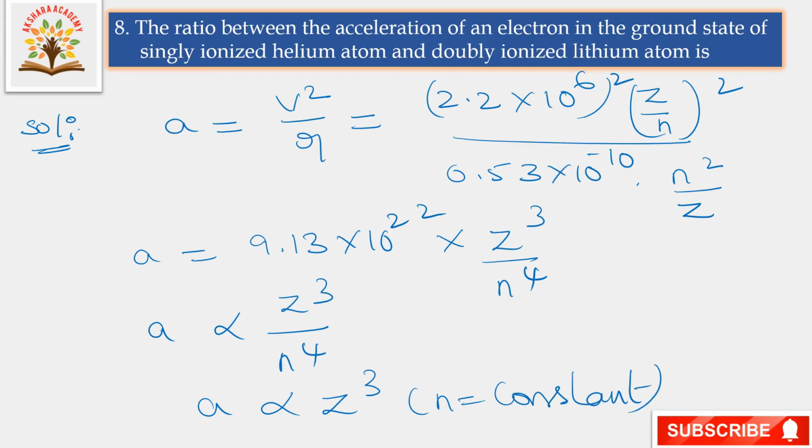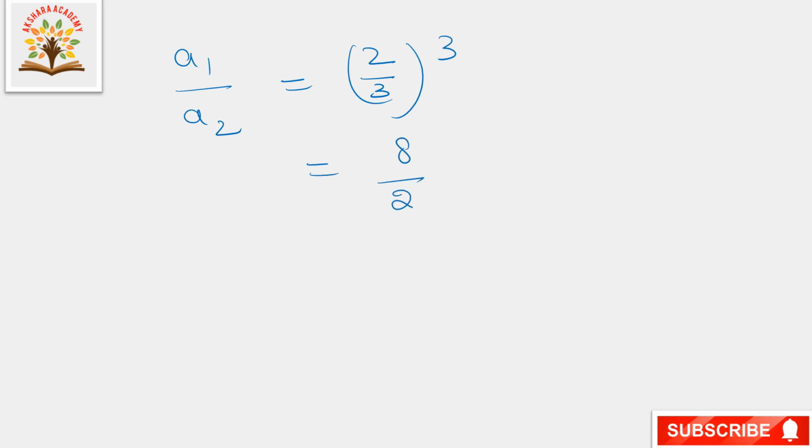So from this A1 by A2 is equal to 2 by 3 whole cube. So that is equal to 2 cube 8, 3 cube 27. So A1 by A2 is equal to 8 by 27.